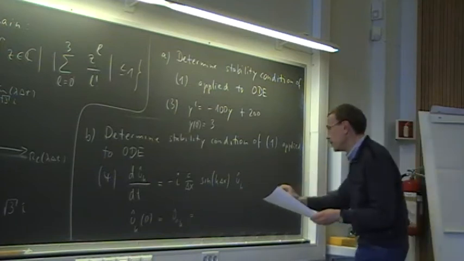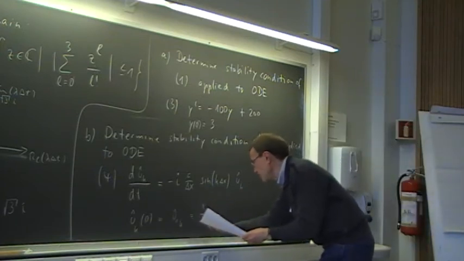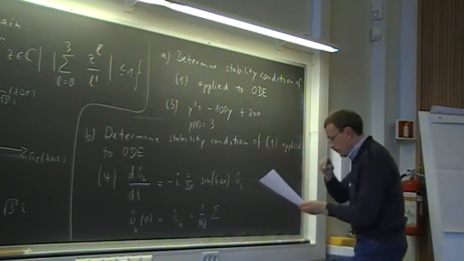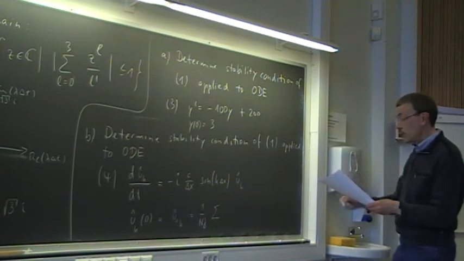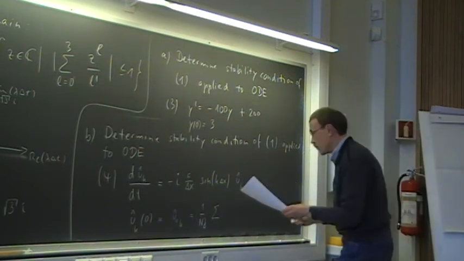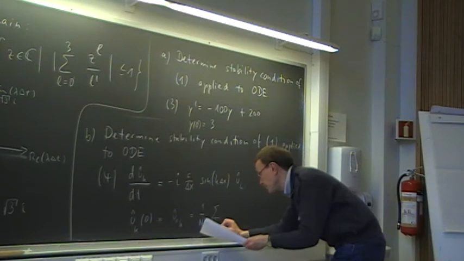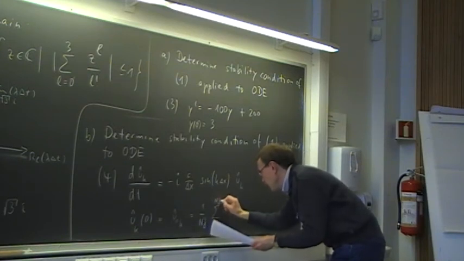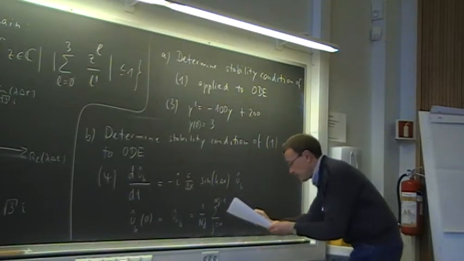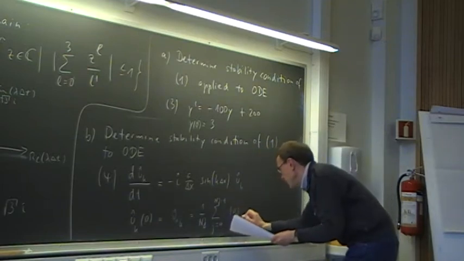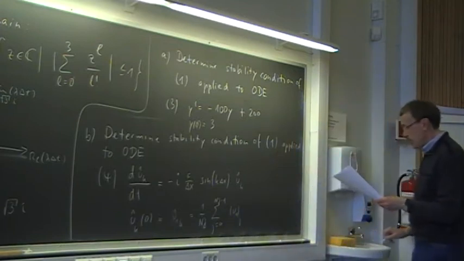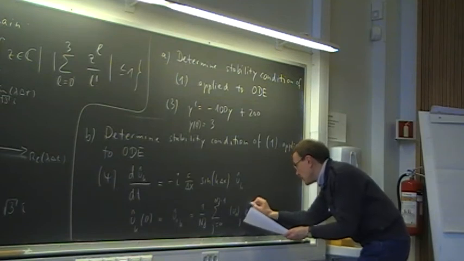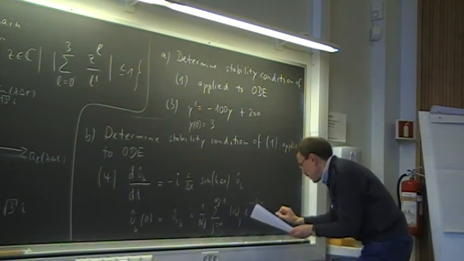It's not so important. If we would do it, we would have a discrete Fourier transform of the initial condition, that is the initial condition at a grid point xj, times e to the minus i k xj.